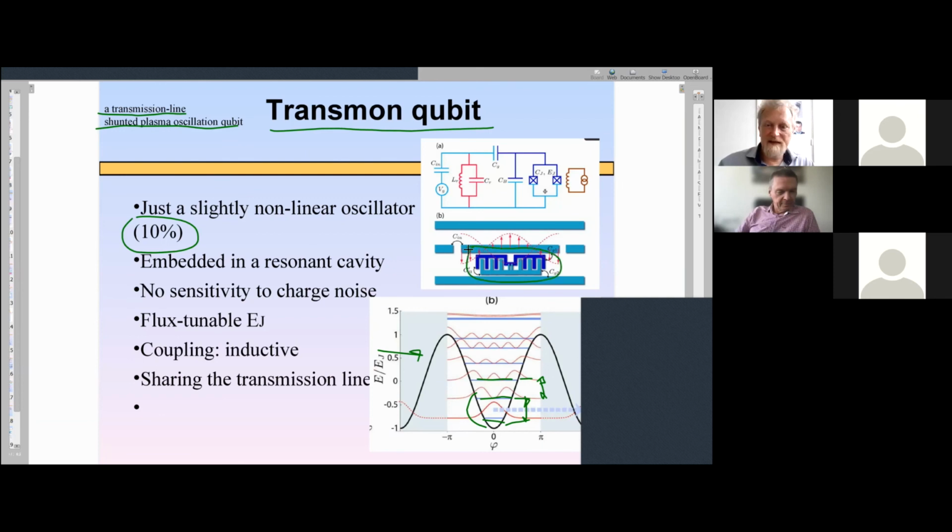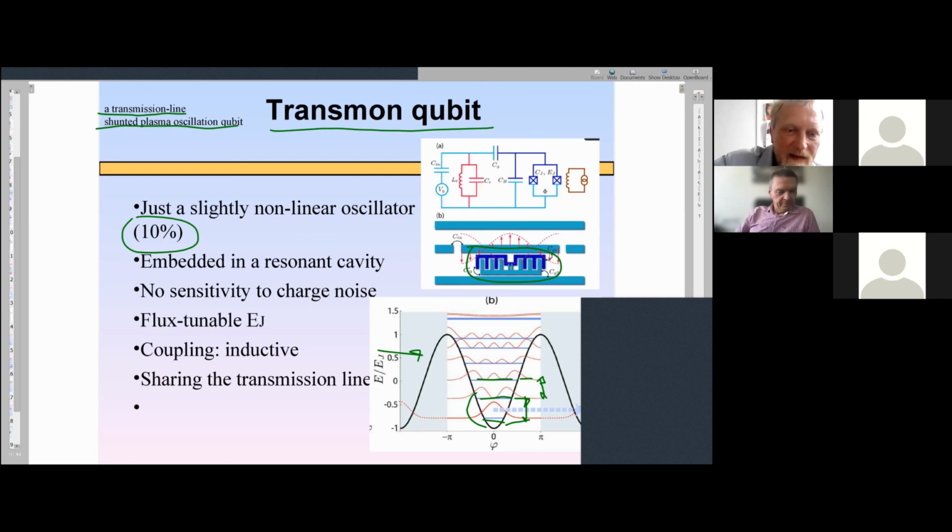Right. This design has been pioneered at Yale in 2008, I reckon. Something around that. And the fact that they put it into a transmission line appears to be very productive with respect to qubit coupling.